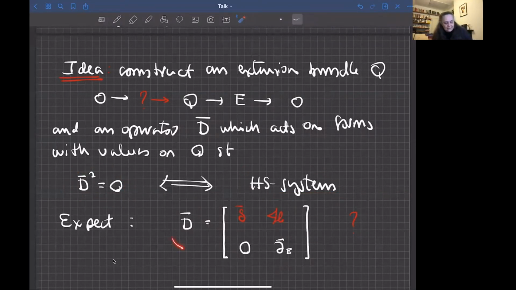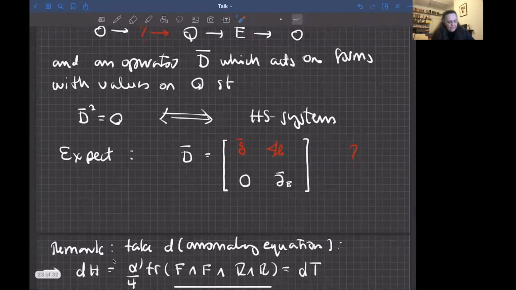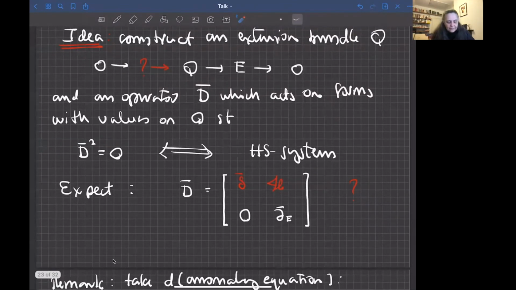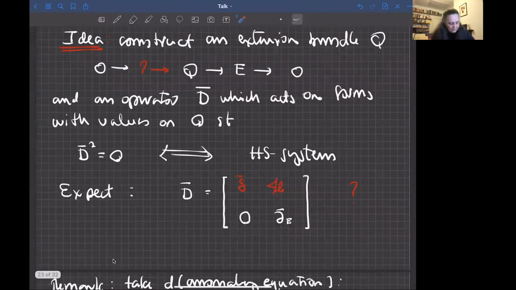So we expect to have a generalization of the work by Atiyah, in which you have an extension class, and I'm going to call it curly H. And of course, in this corner, you will have another operator, and I will tell you now what this should be. I won't tell you how we found it, but I will just tell you the answer.